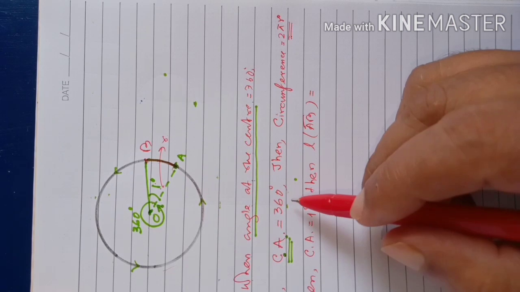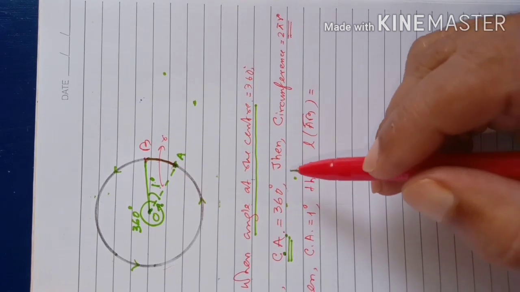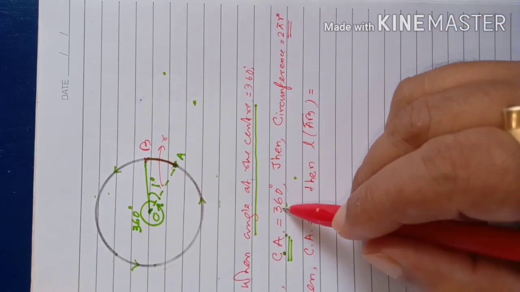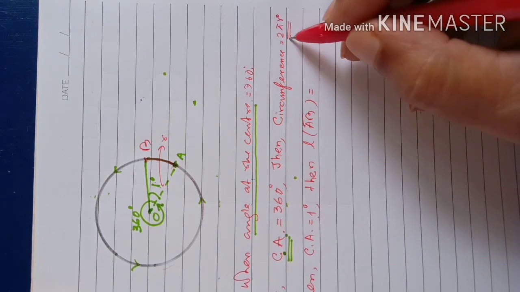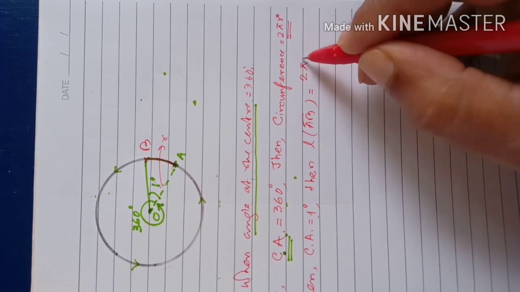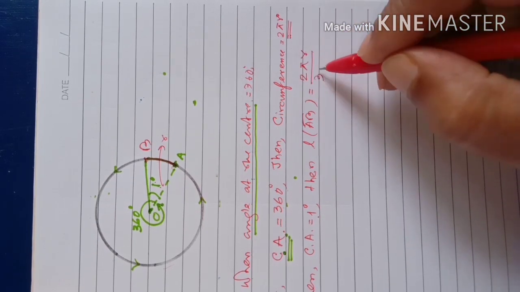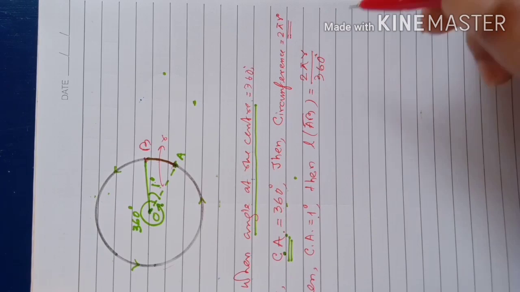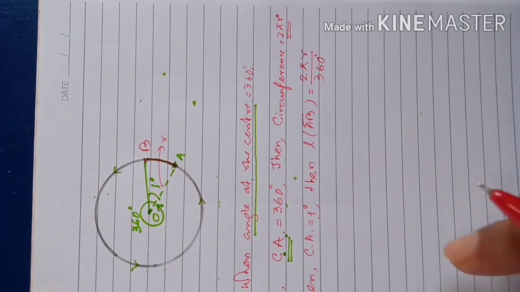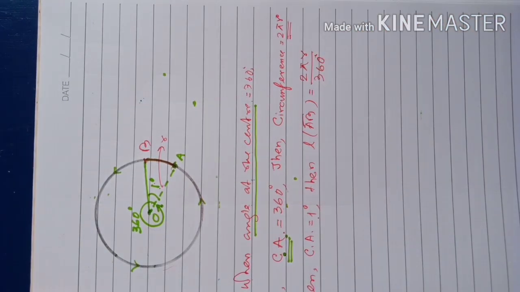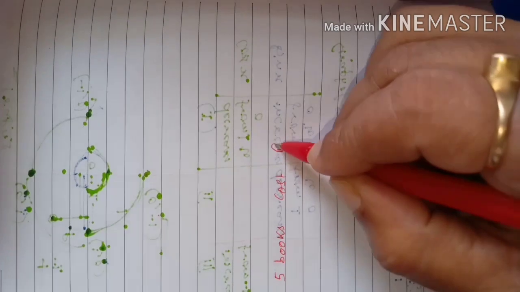By unitary method, like before I have shown you the area of sector. 360 divided by 360, then it becomes 1. Then the circumference 2 pi r we divide by 360 degree. I am just reminding you of the example I gave previously. 5 books cost rupees 100.